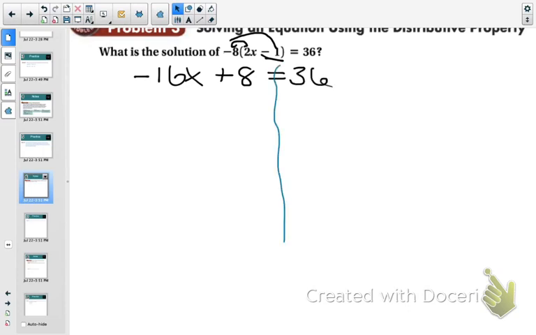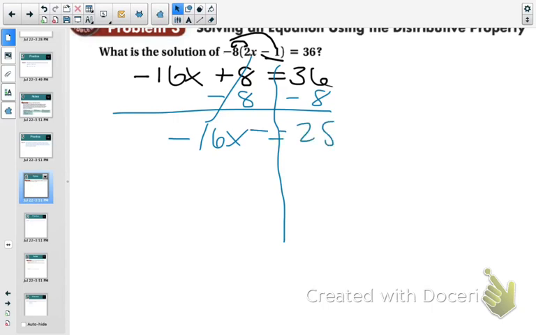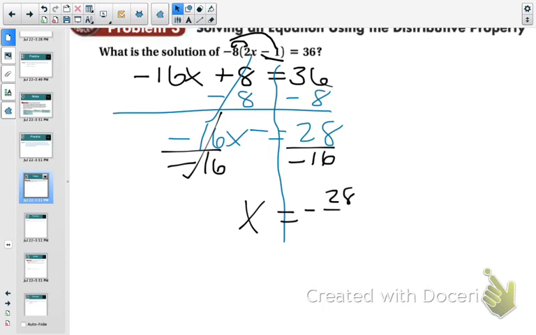Okay, then I can do the little squiggly, subtract 8 here because it's the farthest away. Cancel, I get negative 16x equals, that's like 28, I think. Divide by negative 16. Those cancel, and I'm left with x equals negative 28/16, which is not simplified because they're both even.